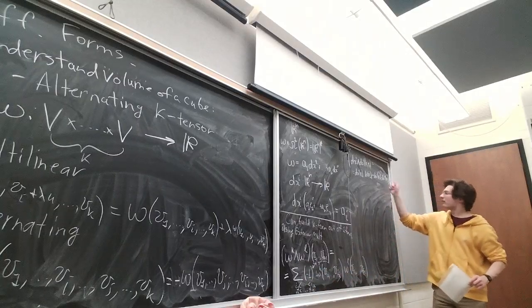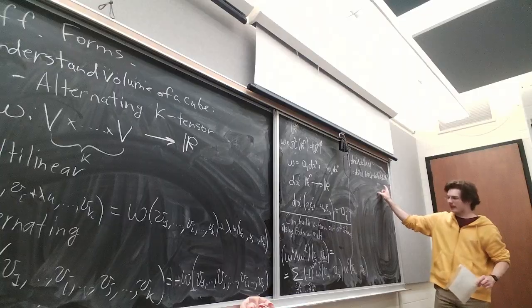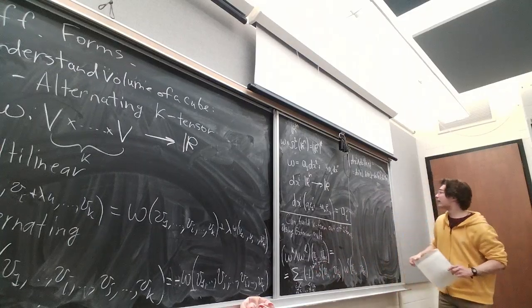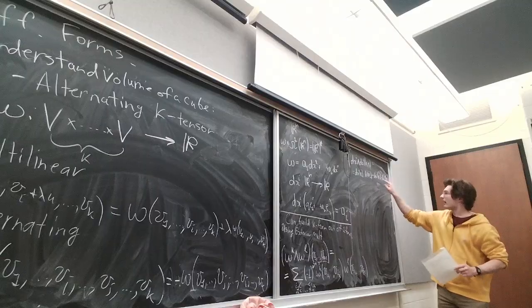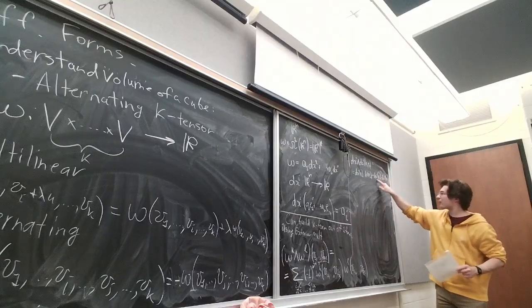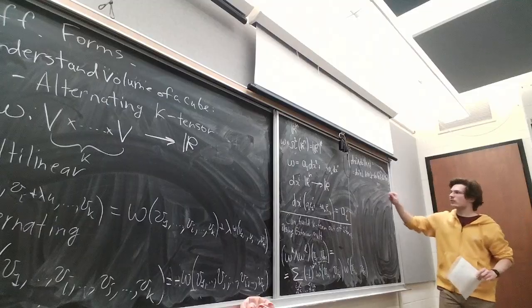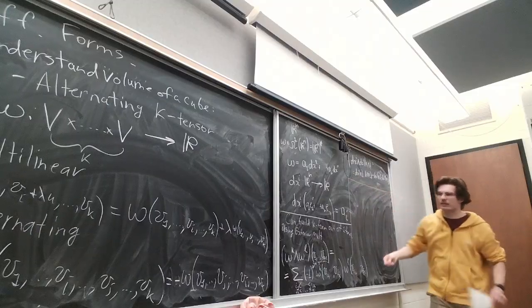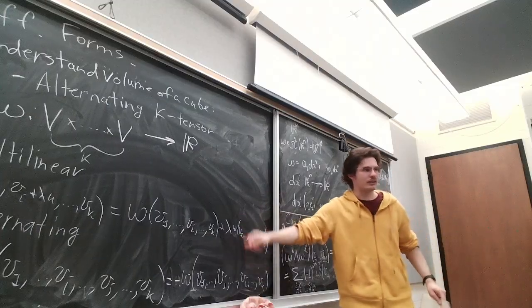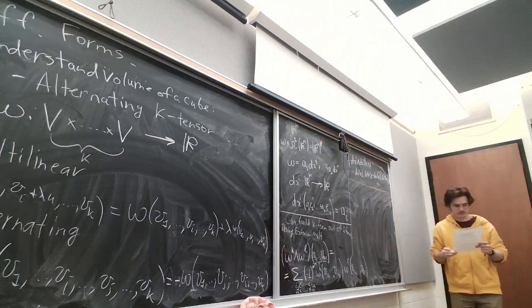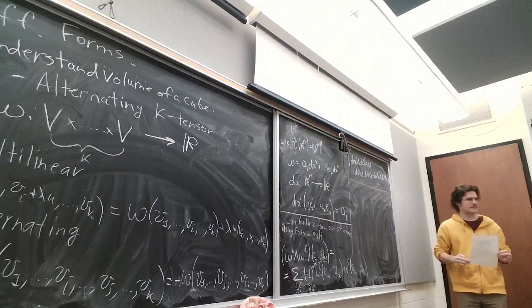So I swap v1 and v2, but then that picks up a minus sign over here. And so then I have dxi, the first form, plug in v2, dxj, plug in v1. And you can check that this satisfies these conditions. It's linear in each entry and is alternating. So this is good. Okay, does this make sense?